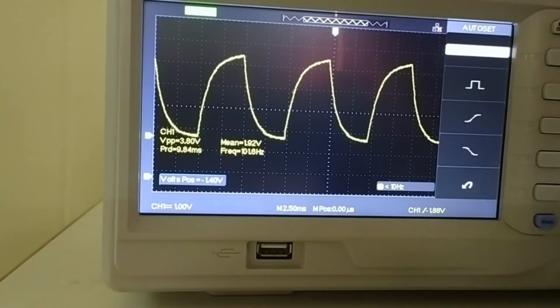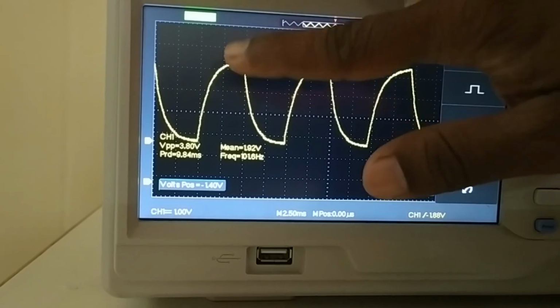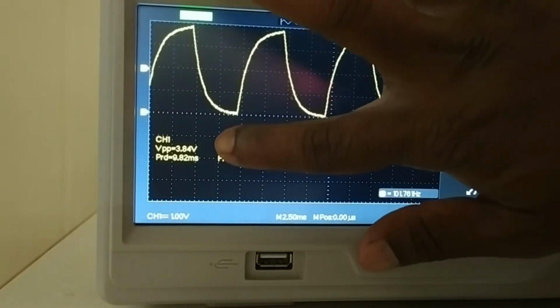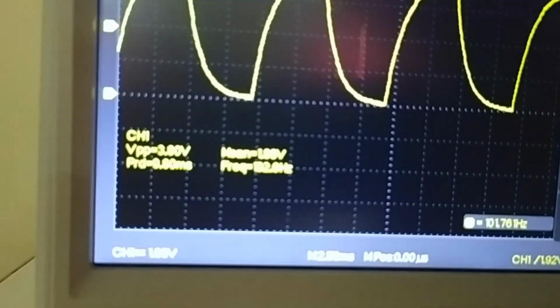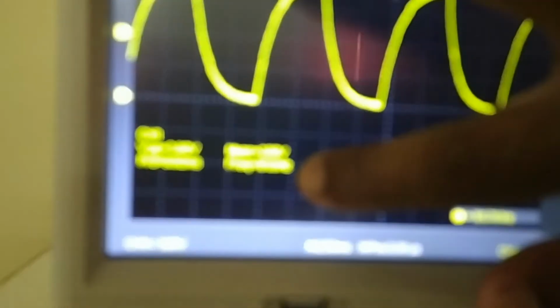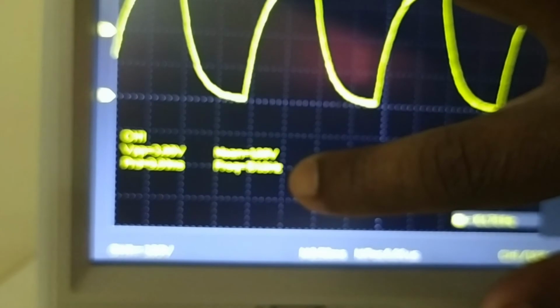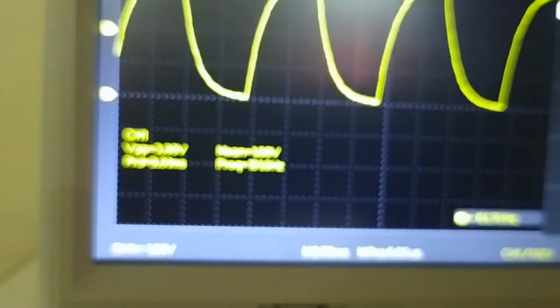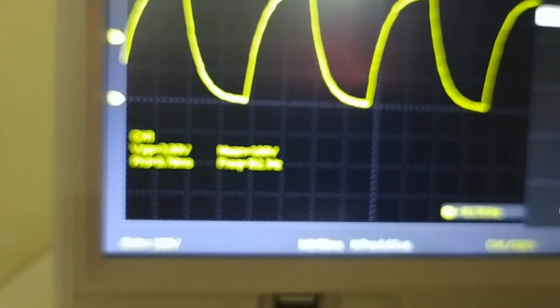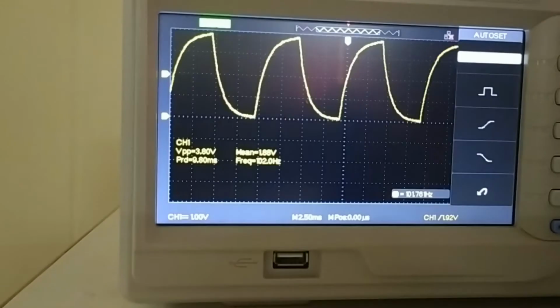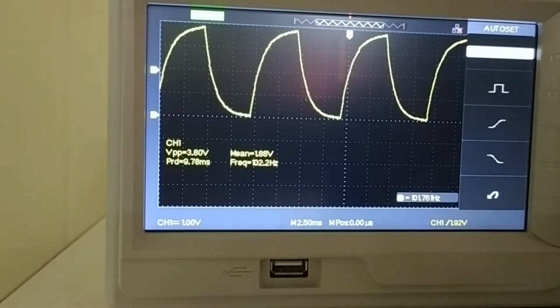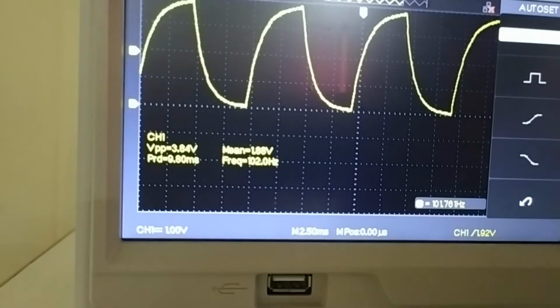This waveform gives the peak to peak voltage value, that is 3.80 volts, and the frequency, that is 101.9 hertz. Note down these readings in tabular form. Measure the time constant, that is R into C, by using the trainer kit values.